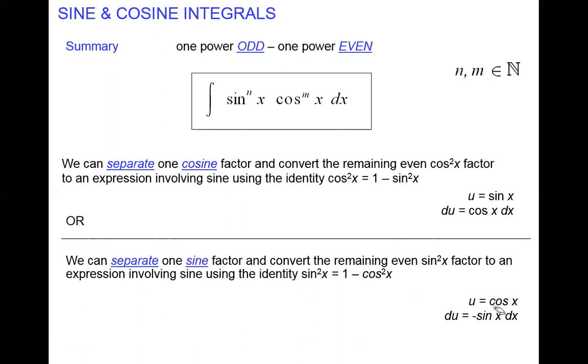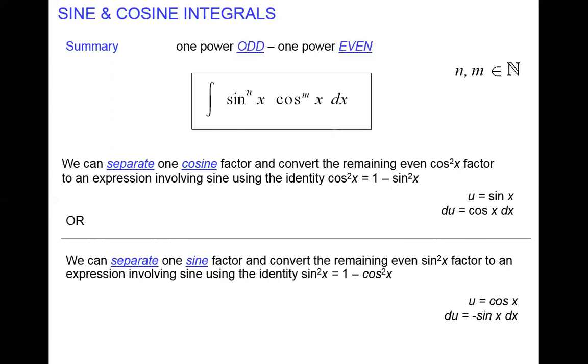This one is telling me this situation will be good if the sine of x is taken to the odd power. But I don't really want students to memorize this. We will think along the process, along the integration. Let's see.